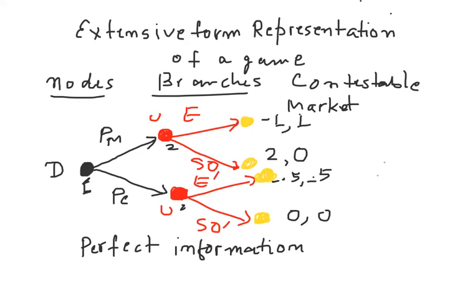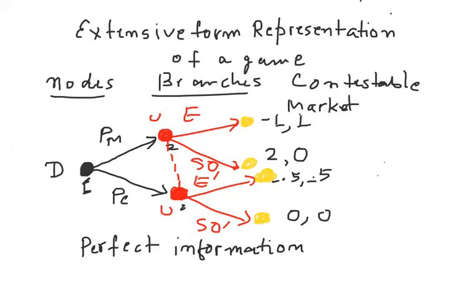But it is always possible that a game could be one where United doesn't know what kind of strategy Delta has chosen. If you have a situation like that, then you can connect the two decision nodes with a dashed line, and that means you have just one information set.